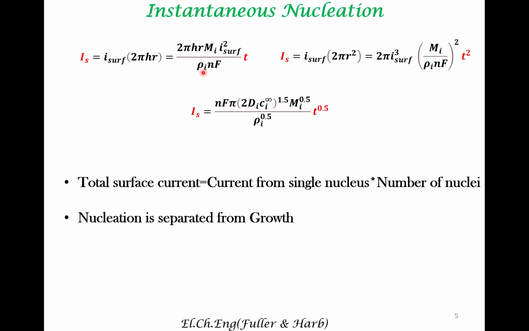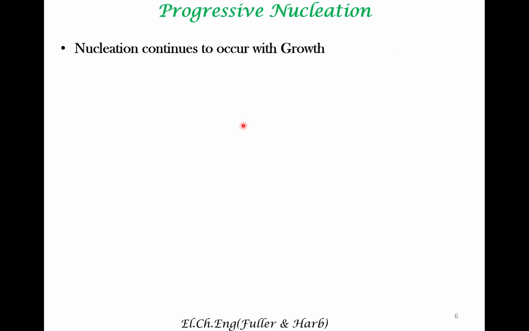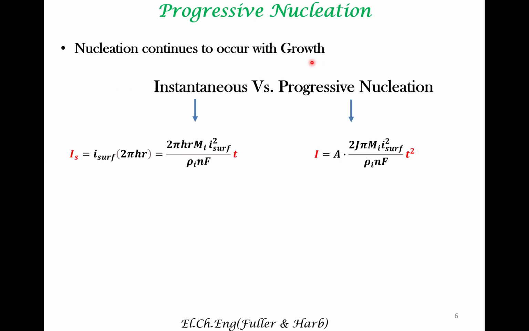If you want fairly monodispersed growth, you typically tend to have systems wherein nucleation is separated from growth. In these systems, the chances of getting a monodispersed size distribution are high. As opposed to this, you can have a system wherein nucleation continues to occur during growth.